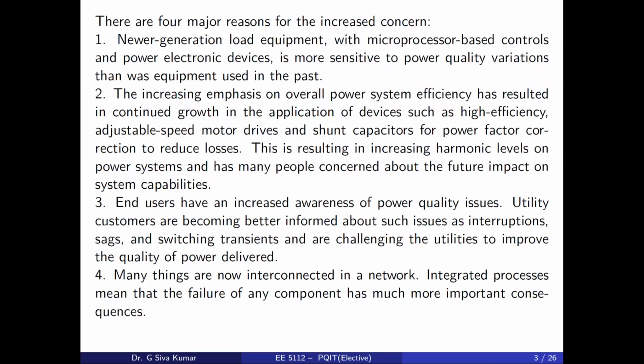Industries may be aware, because they are going into manufacturing, and if there are any voltage variations or voltage fluctuations, that impacts the equipment they use to manufacture. In that case, it has very serious effects. So the end users are very concerned about power quality issues.